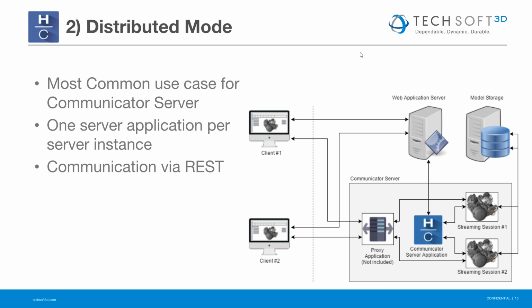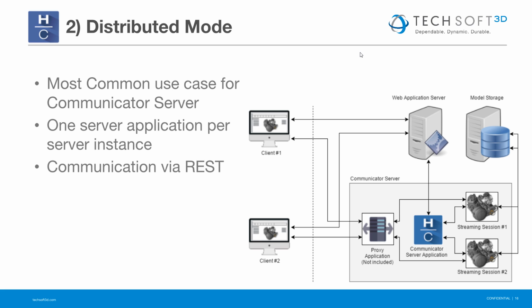The web application server is going to be responsible for providing business logic, making sure that the user is authorized to view this file, etc. And then it's going to communicate with our Communicator server application in order to provision the resources that the viewer is going to need for that particular session. So it's going to make sure that things like the model is available on this particular server. So it may need to pull this model out of model storage and transfer it to that viewing server.